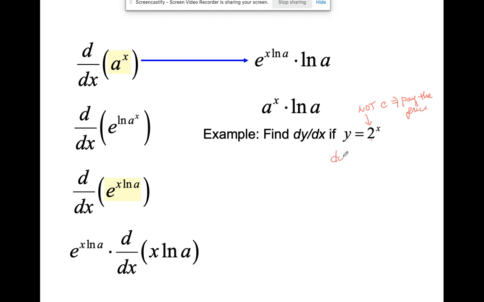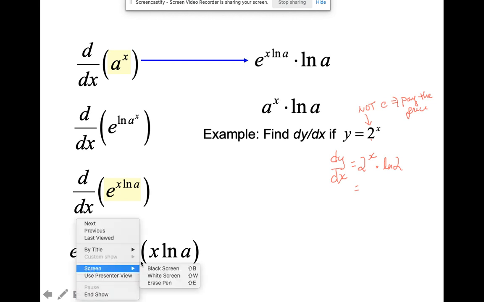So dy dx, or y prime, is copy, paste, pay the price. I don't have to spit because this is just an x. In multiple choice, you would probably put parentheses around that because there are so many 2's happening. All right, that one wasn't bad.